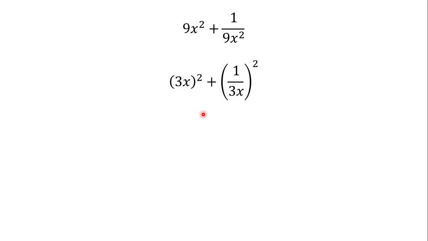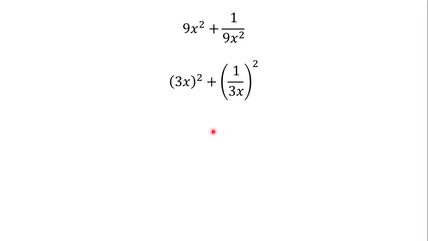Something like when you have a squared plus b squared is equal to a plus b all squared minus 2ab. So you're going to use something like that to break this one down.